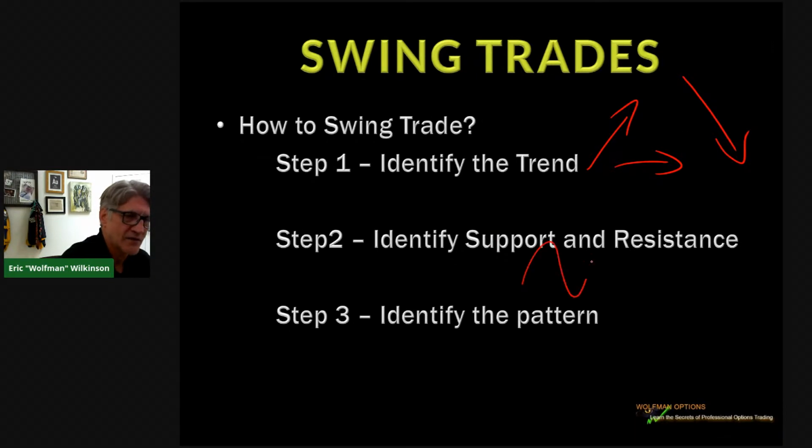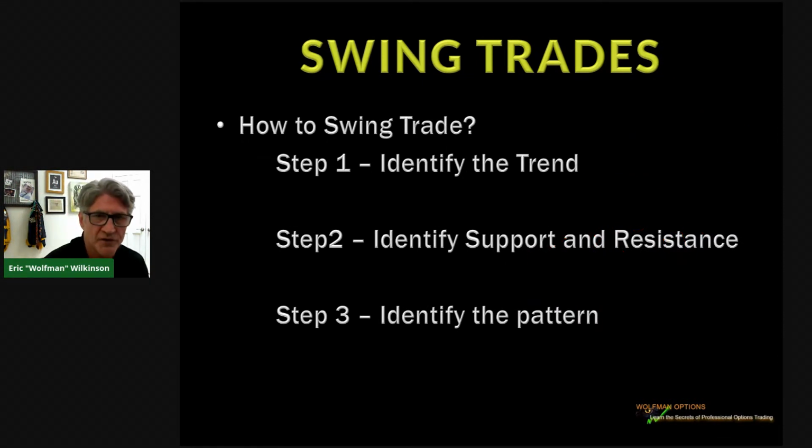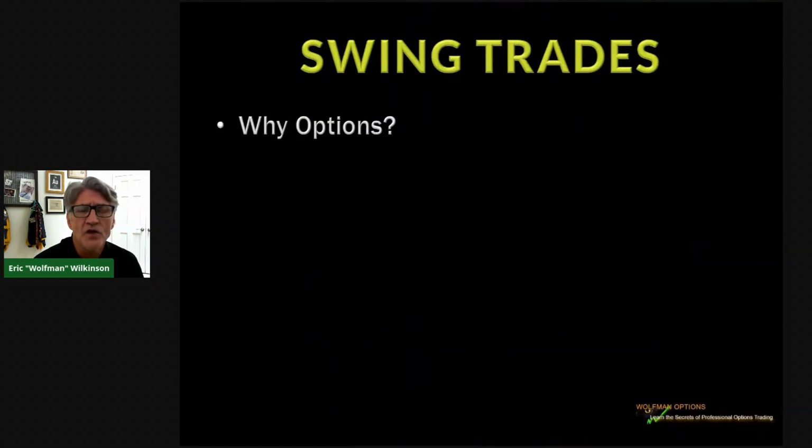Support and resistances, that's where we look at the underlying and try and draw our lines in there. And then ultimately, the pattern is what we set the trade up on, okay? When it bounces off of those support and resistances, that's where you can make those quick moves in the other direction.